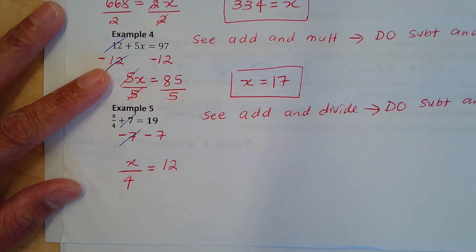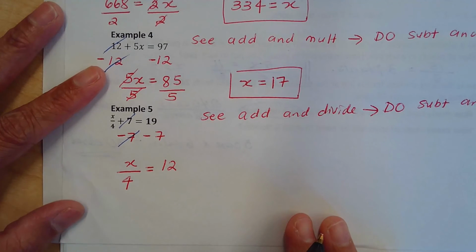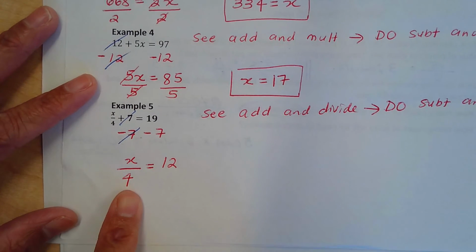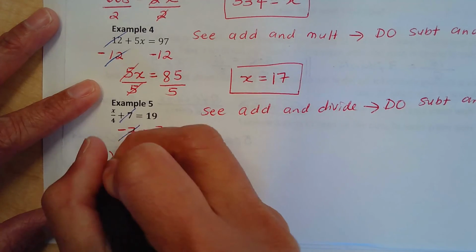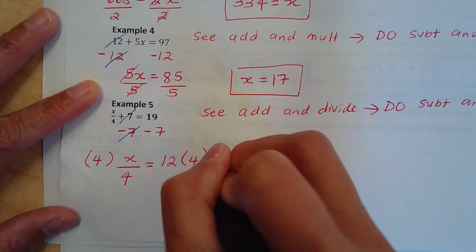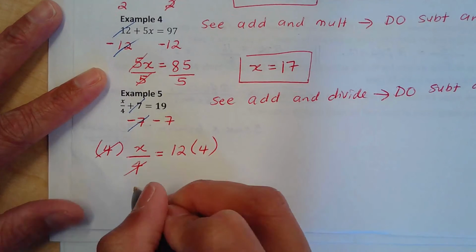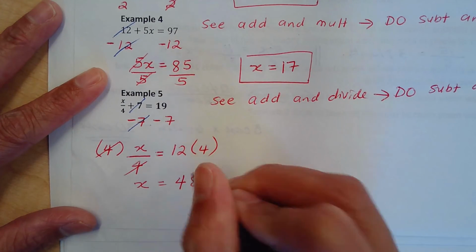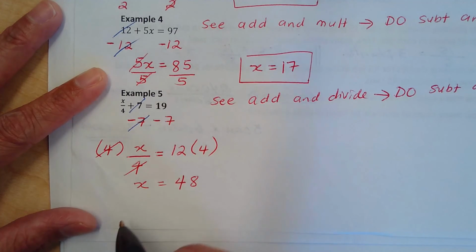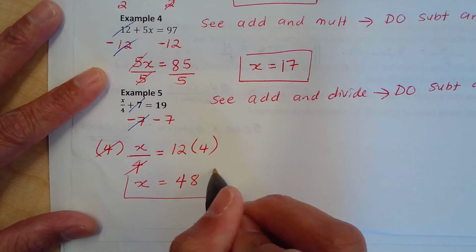Okay, the next thing we're going to do, what do we do? Times by 4. We're going to multiply by 4. Cancel, cancel. So it's going to be 12 times 4, which is 48.